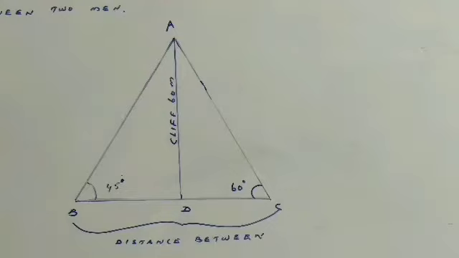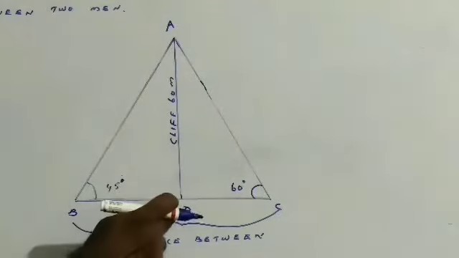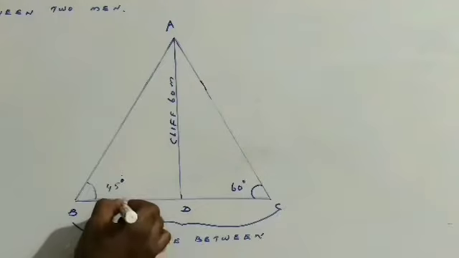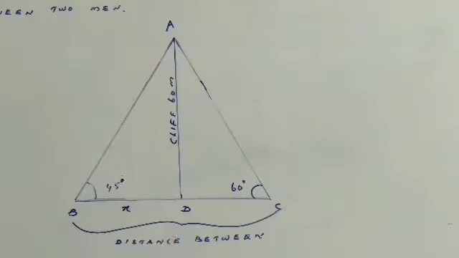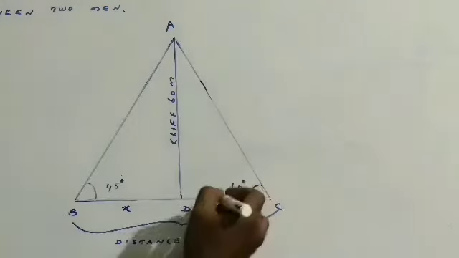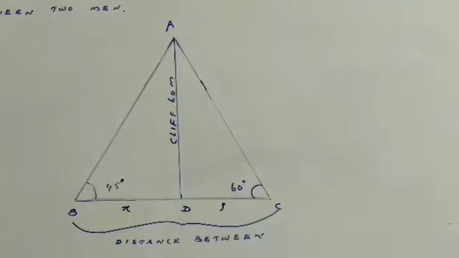Its angle is 45 degree. So consider the cliff distance and one of the person's distance is x. So BD is considered as x and DC is considered as y.